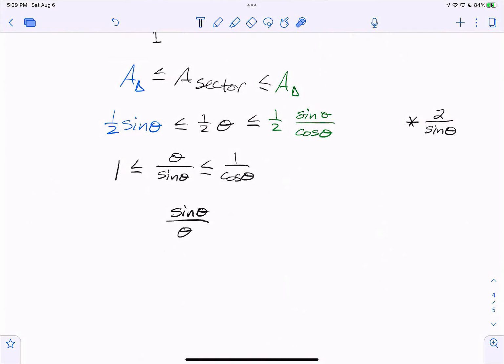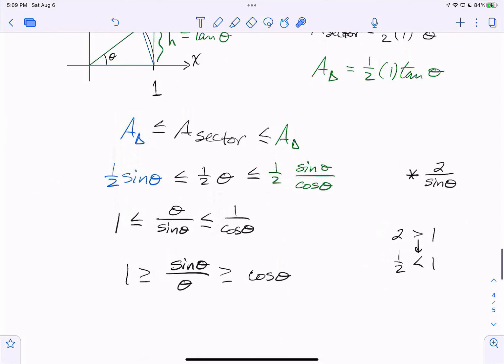But then, folks, if I find reciprocals of all three parts of an inequality, the inequality symbols themselves reverse. Think about this. 2 is greater than 1. If I find their reciprocals, 1/2 and then 1, I see that 1/2 is smaller than 1, right? So the inequality symbol reverses. So 1 is greater than or equal to the sine of theta over theta, which is in turn greater than or equal to the cosine of theta.